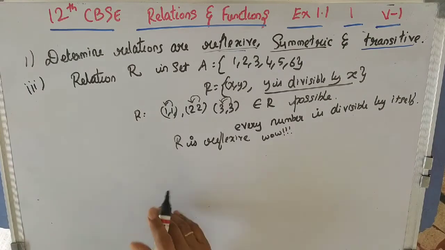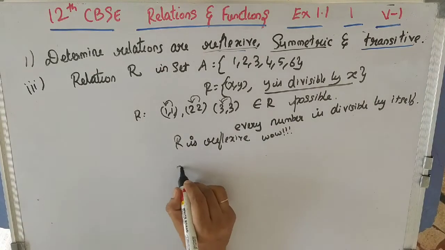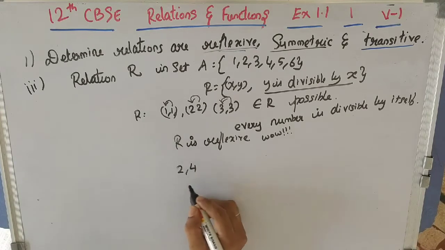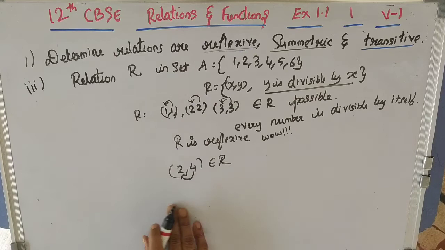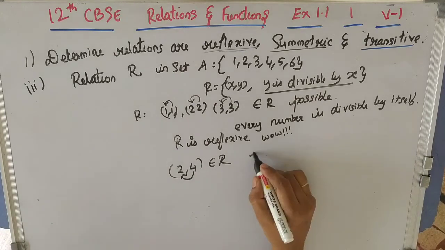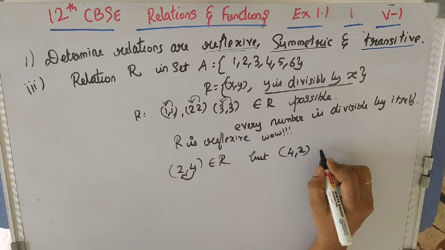Here, you can take an example (2, 4). Because in (2, 4), the y, that is 4, is divisible by 2, isn't it? So (2, 4) is an element of R. No doubt in it. But is (4, 2) an element of R?